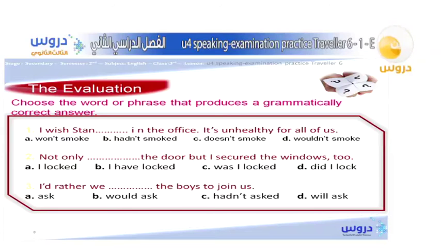So put in consideration that we are looking for a grammatically correct answer. The best way in multiple choice is to eliminate some options to make the job easy for you.